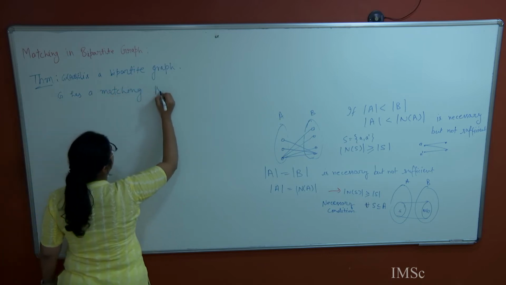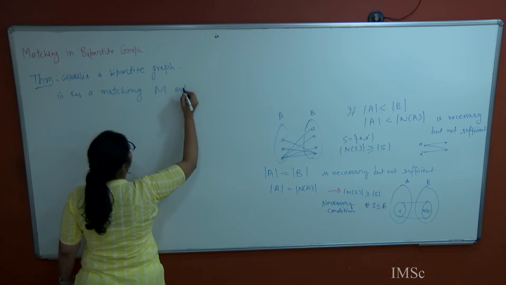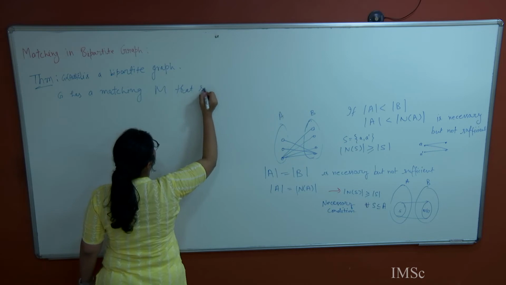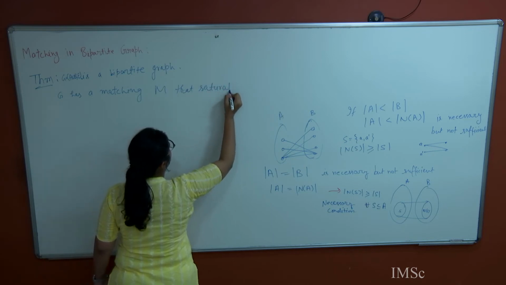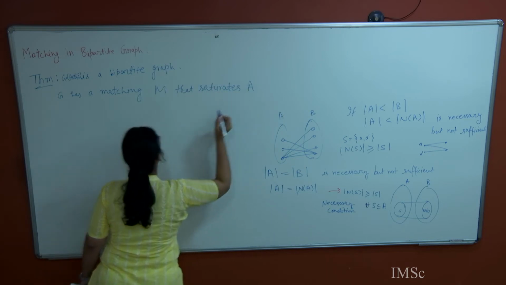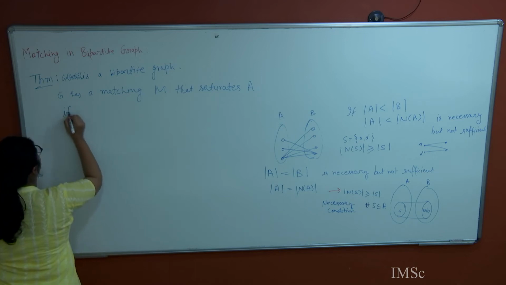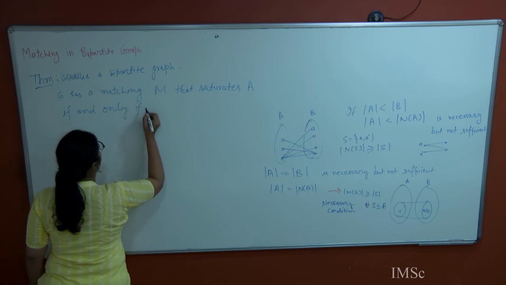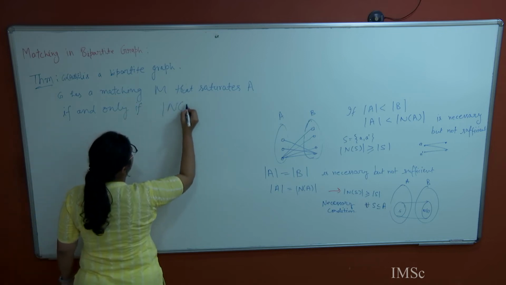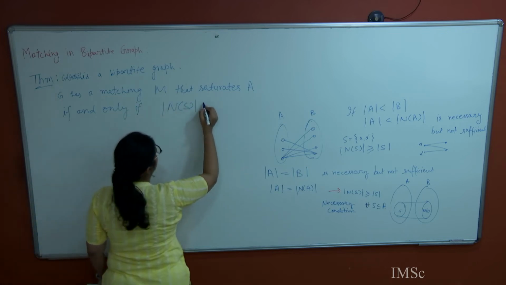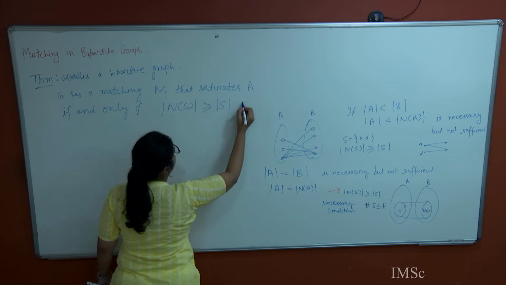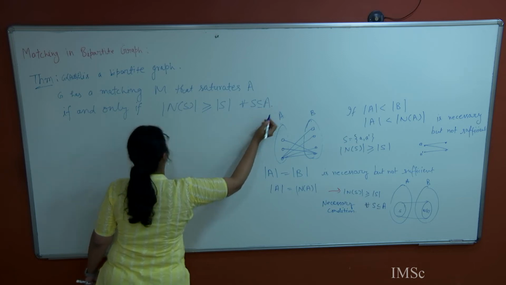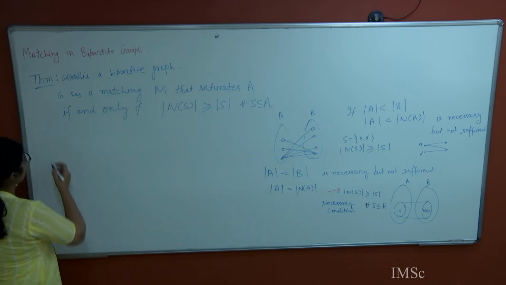So G has a matching M which saturates A if and only if the cardinality of neighborhood of S is at least the cardinality of S for every S subset of A. Okay.